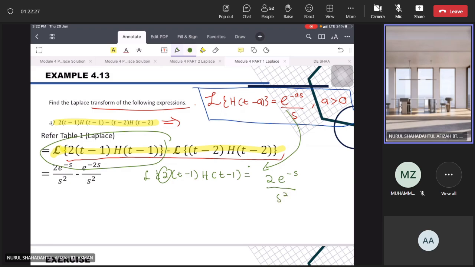I think you need to do it separately, t minus 1, because you have t square, t minus 1 square here. So you will have 2h(t minus 1) square. Yeah.